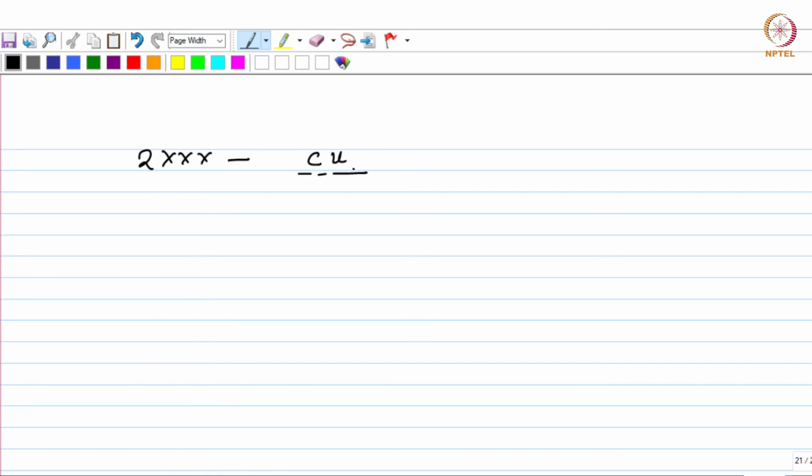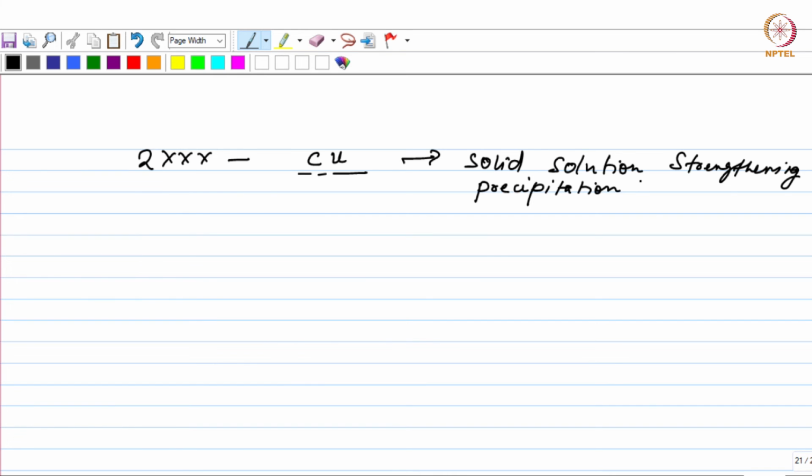And apart from that, copper can also impart precipitation hardening. So therefore, 2000 series alloys are heat treatable alloys.